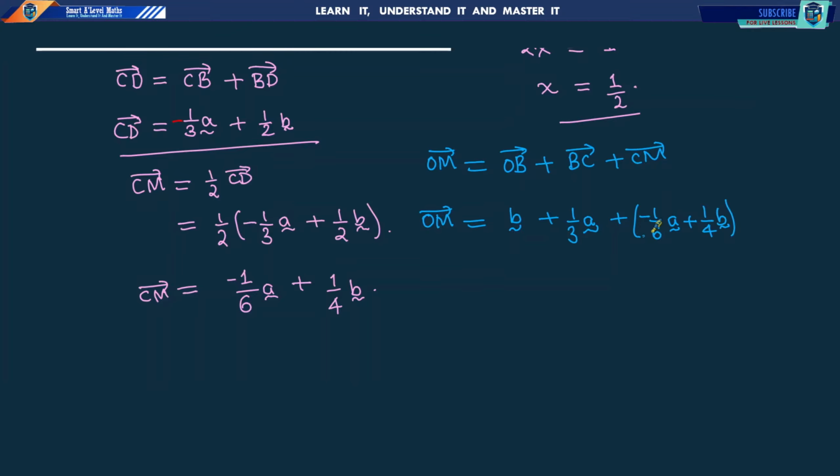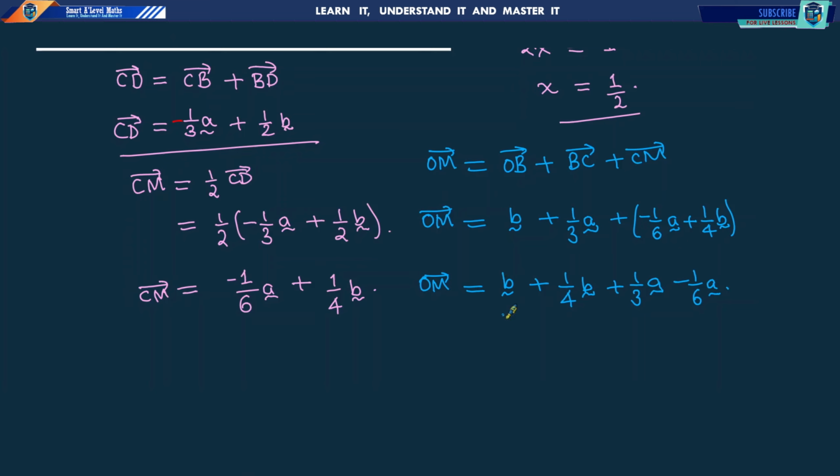We're going to simplify the terms with vector A and also the terms with vector B. We can collect them together: vector B plus 1/4 vector B, added to 1/3 vector A minus 1/6 vector A.